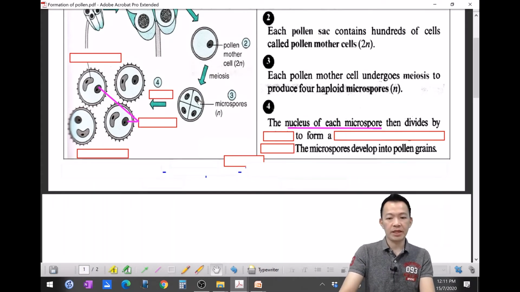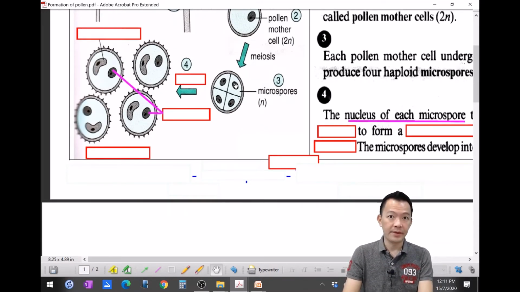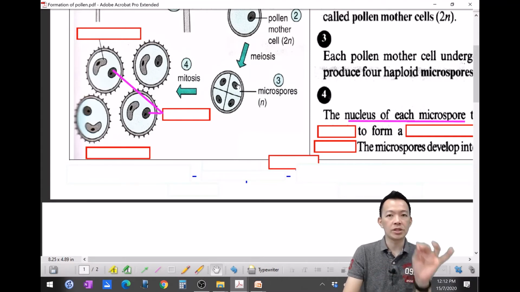这些 haploid 的 microspore 它做什么呢？它暂时不算花粉，它还要继续做一些东西。So the nucleus of each microspore, 那 microspore 1、2、3、4。So the nucleus of the microspore is going to have a process called mitosis.